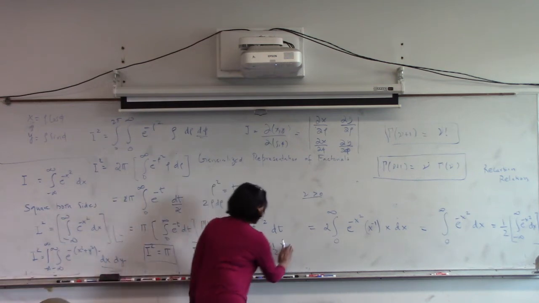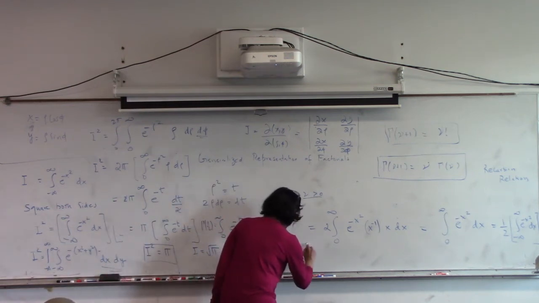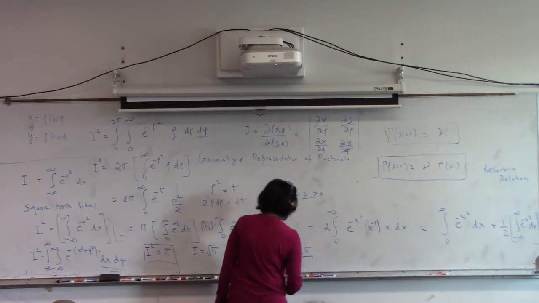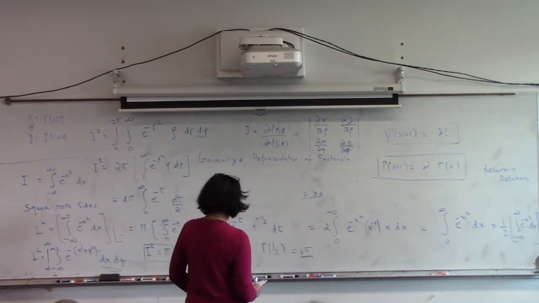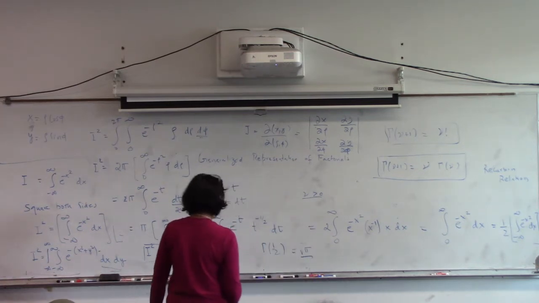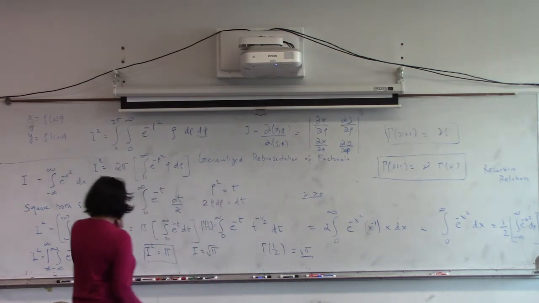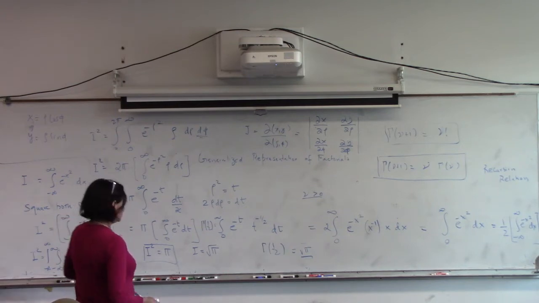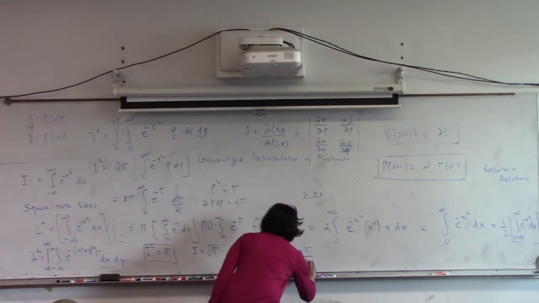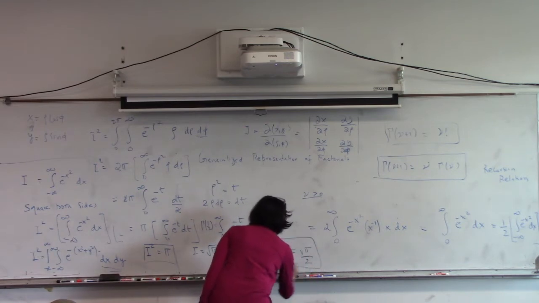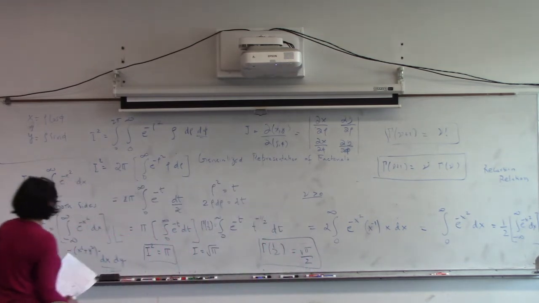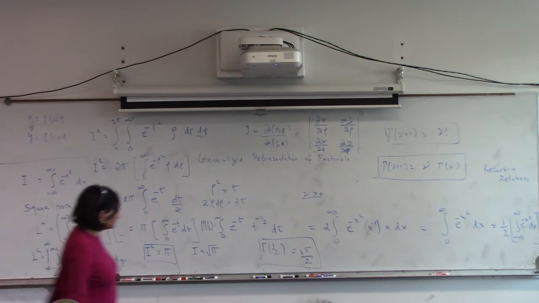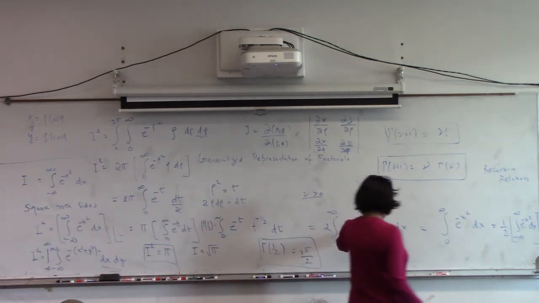So gamma of half is nothing but square root of pi over 2? Did I miss a factor of 2 or something? This half is there, right? Is this correct? Just check.